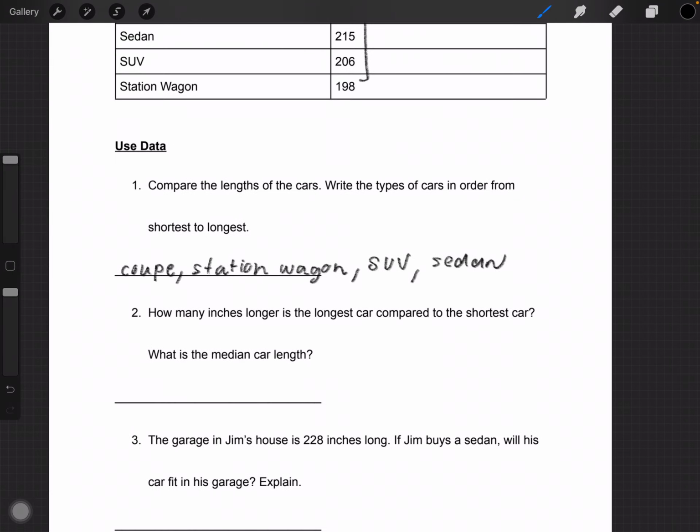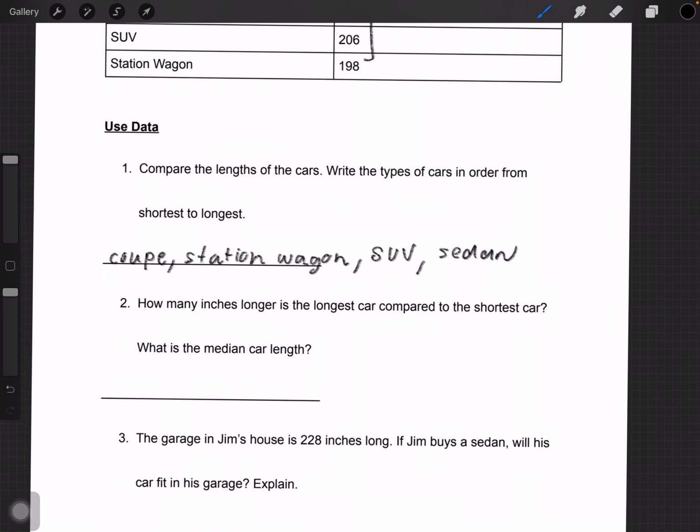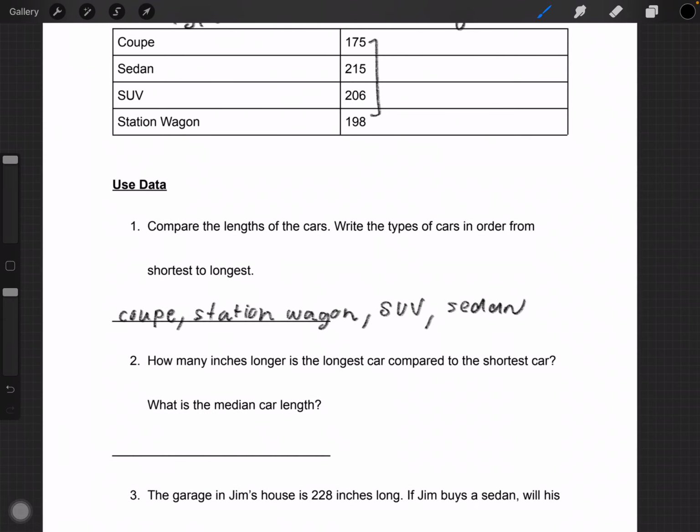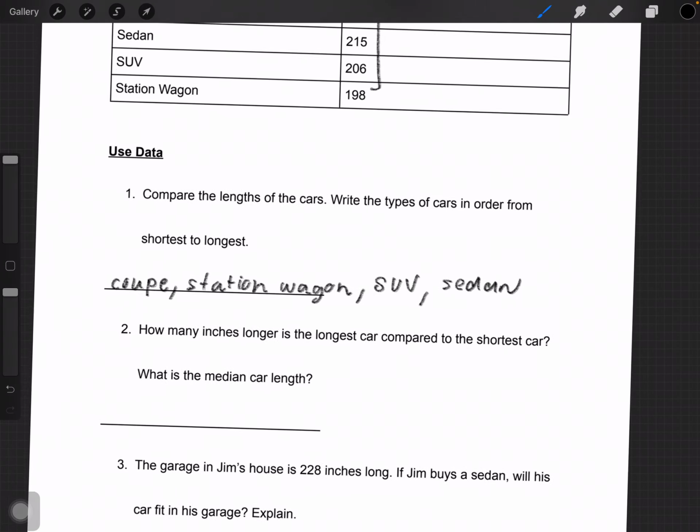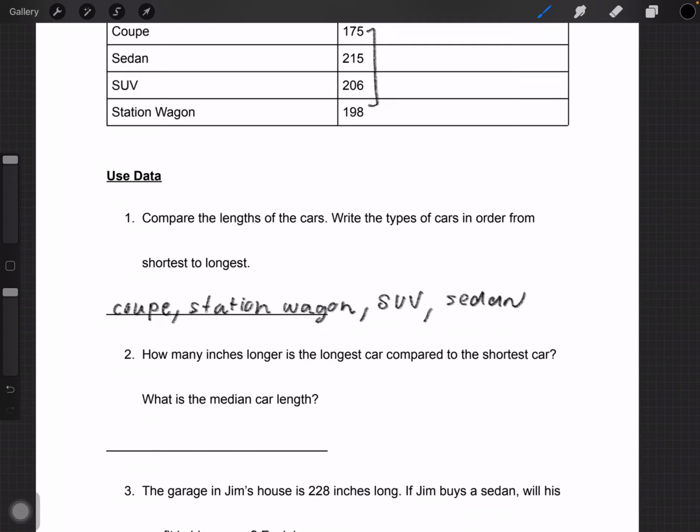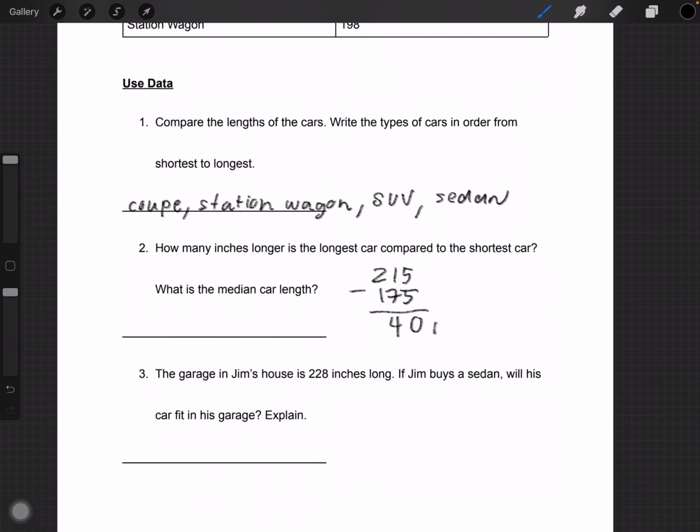How many inches longer is the longest car compared to the shortest car? What is the median car length? There are two questions being asked here. The first one: we know that the largest one is the sedan, and the sedan is 215. We subtract the smallest, which is the coupe, 175, and we get 40 inches.